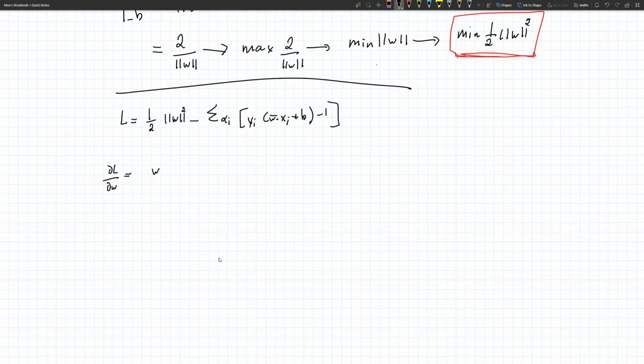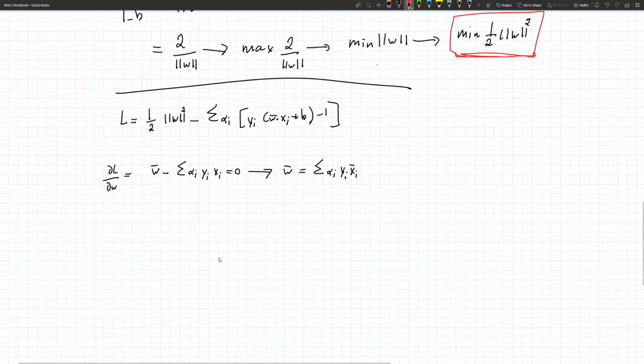When we differentiate, we get w minus the sum of alpha i y of i x of i equals 0. So w equals the sum of alpha i y of i and x of i.